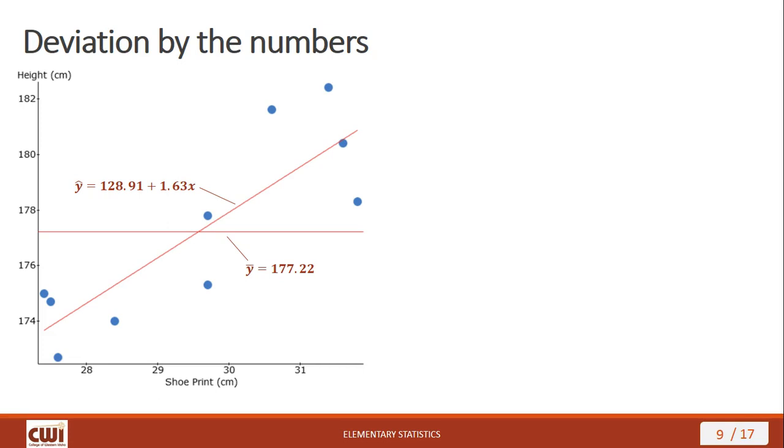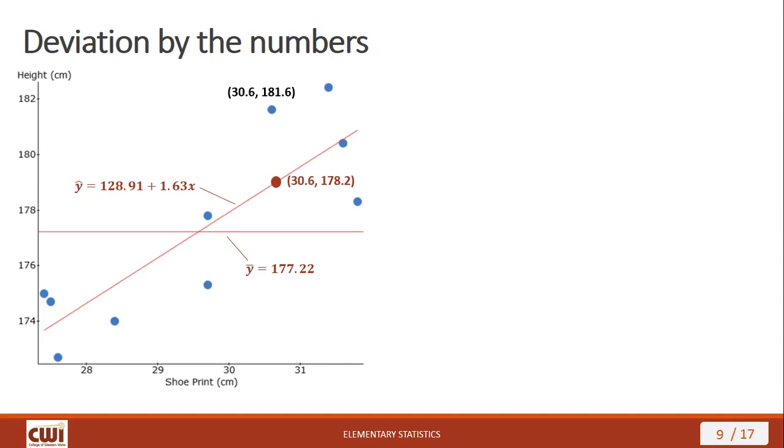Let's take a look at some of the numbers involved with deviation, actually running through these calculations. So now we've covered the concepts. Let's actually put those concepts to work with the math and do some calculation. Again, looking at this first data point that we looked at earlier.